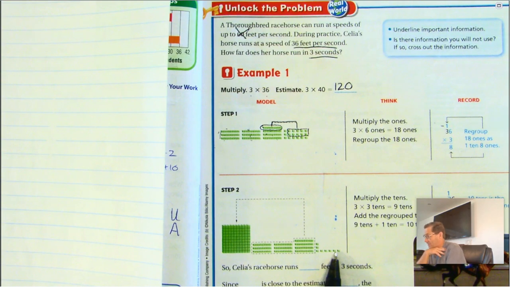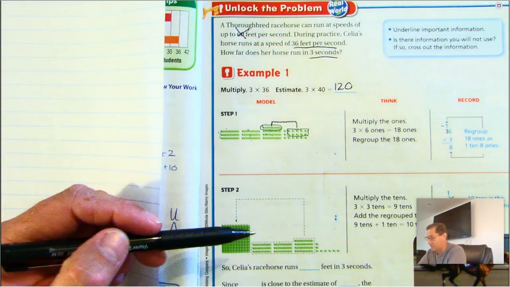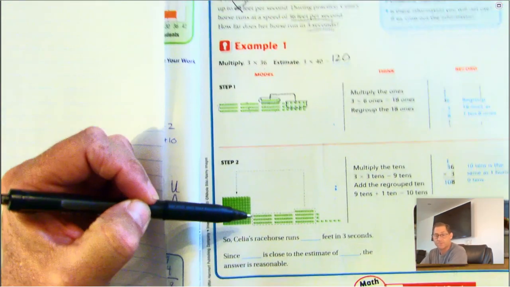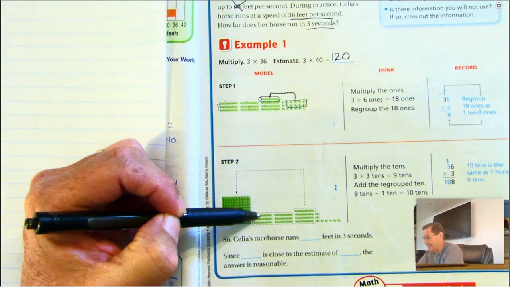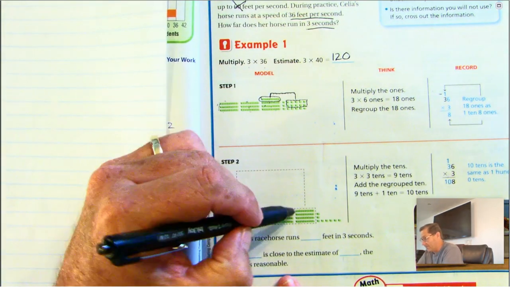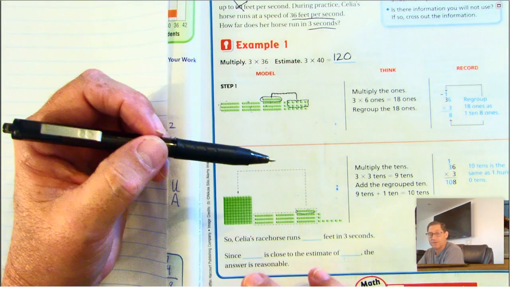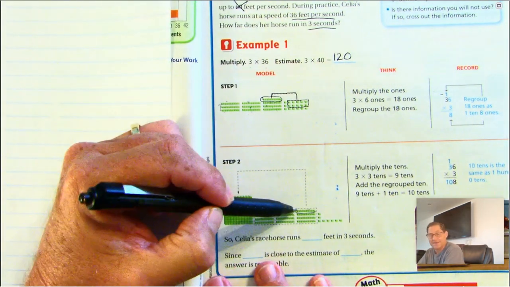So we had the 8 ones, and now we're going to multiply the tens. So 3 times 3 tens is 9 tens, and we're going to add the regrouped 10. So let's look at how many rods we have. 3, 6, 10. So when we multiplied by the ones, we added an extra rod.